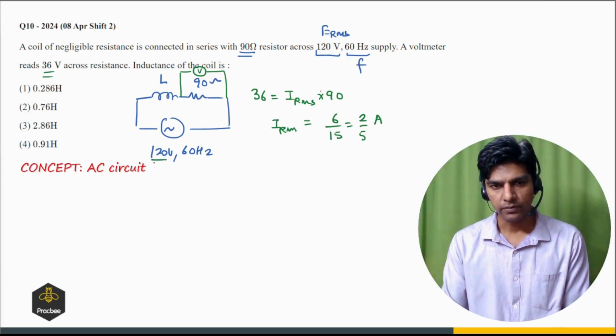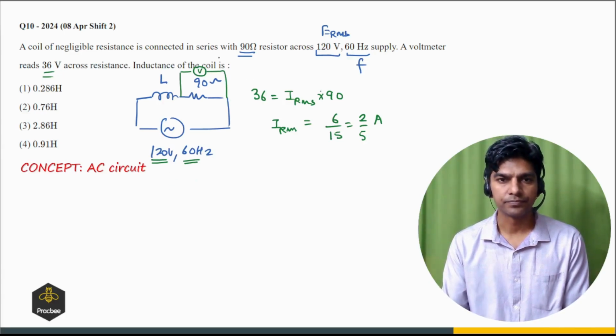So we have given ERMS, we have given frequency, so voltage is given, and we have to find the inductance. Okay, right. So XL will be omega, that will be 120 pi times L. L is not given, but we know what is the RMS current.